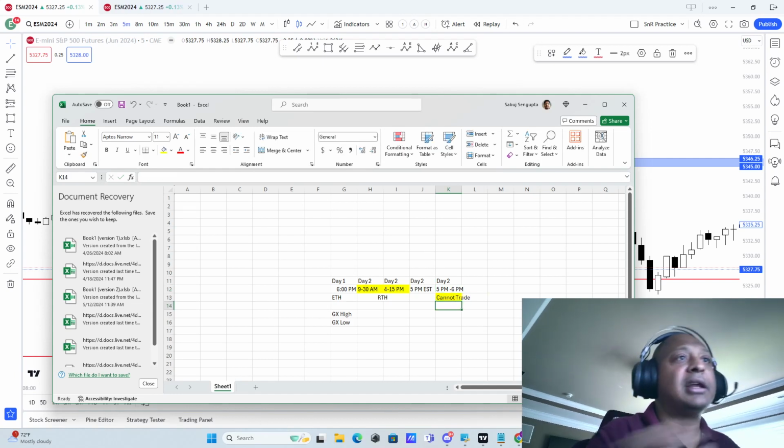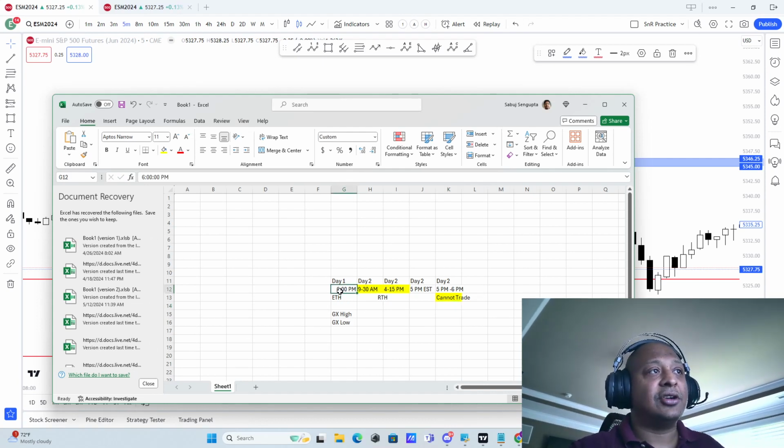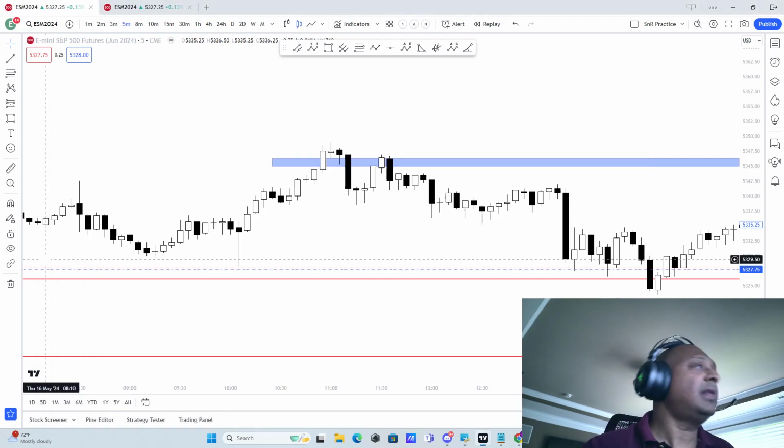The global market is down. The day starts at 6 o'clock, continues, and 9:30 to 4:15 is your regular trading hours. The market stops at 5 o'clock. After 5 o'clock, 5 to 6, you cannot trade. Again, the market starts at 6 p.m. EST. Make sense? Okay, let's move on.